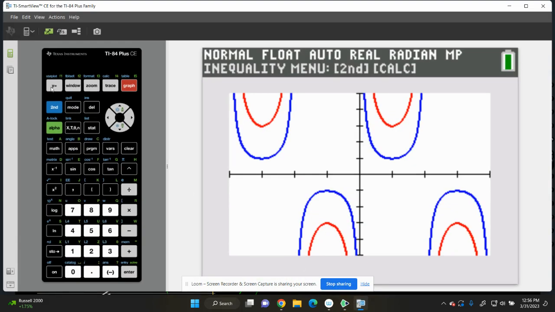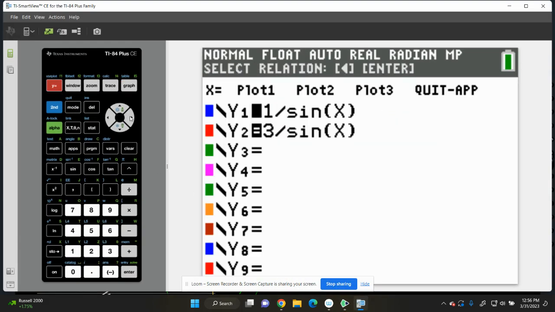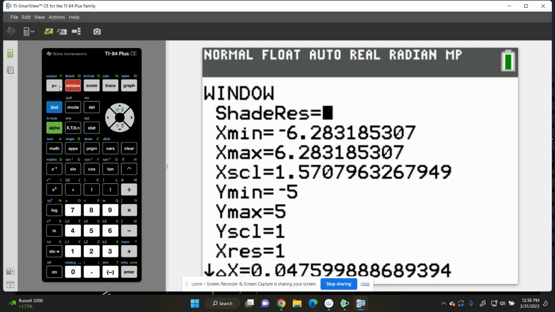Let's graph our secant x. So again, this time I'm going to graph cosine there. And this is going to be 1 divided by cosine, because that's what secant is, right? And check my window.